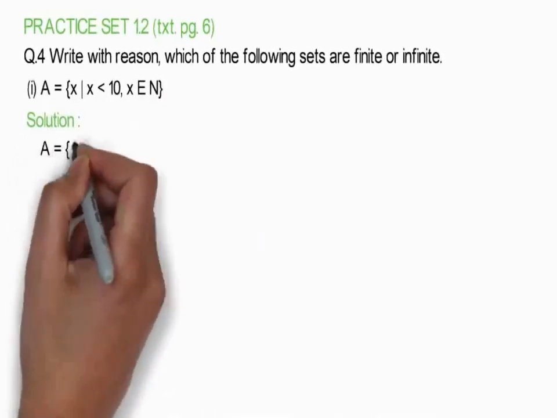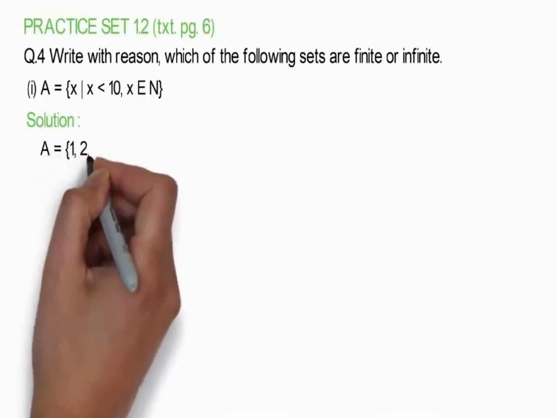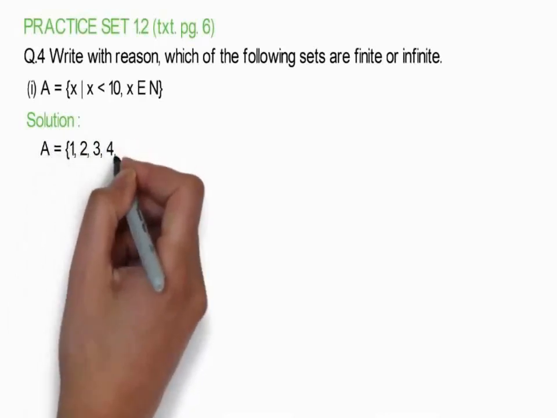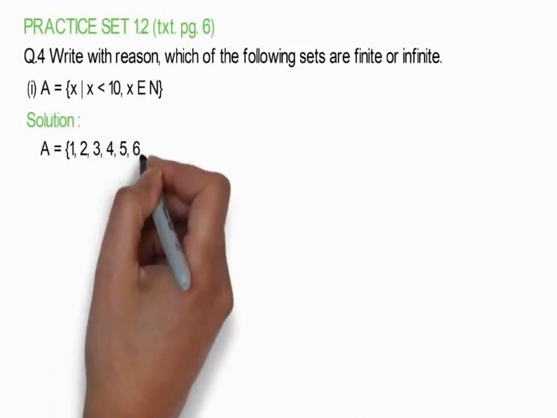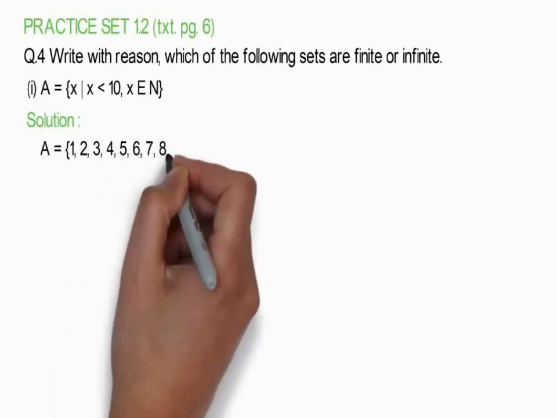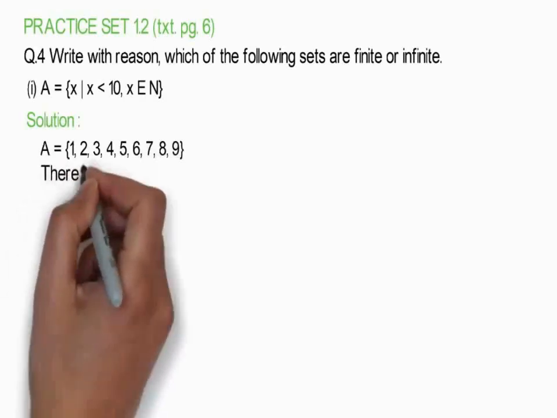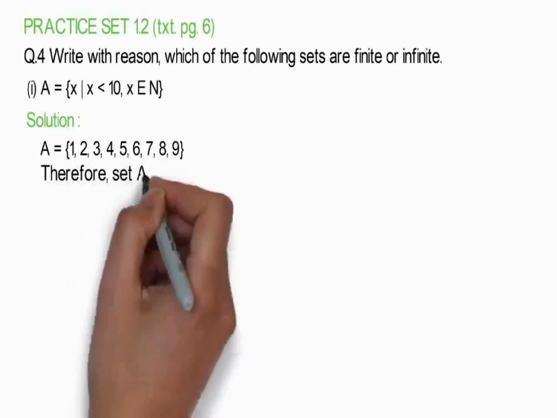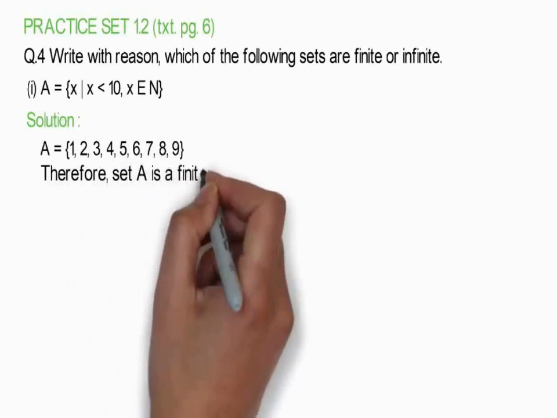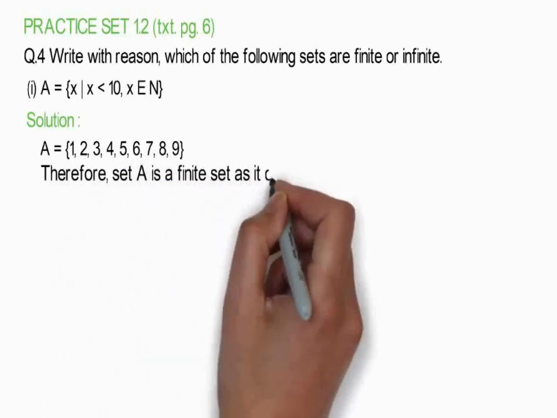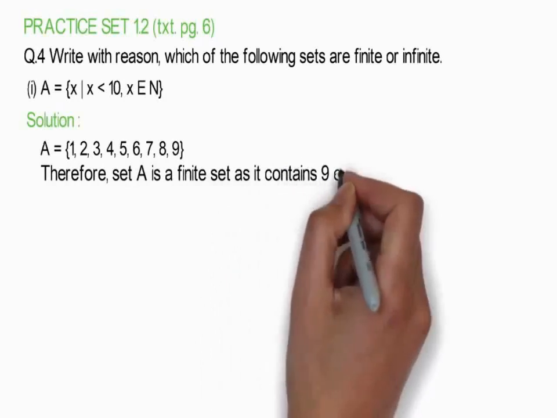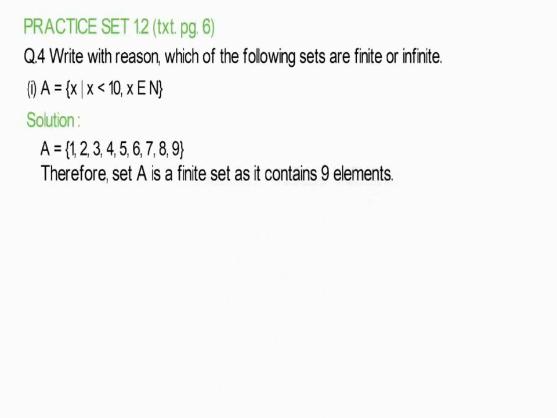So set A must be 1, 2, 3, 4, 5, 6, 7, 8 and 9. So it is countable. Therefore, set A is a finite set as it contains 9 elements.